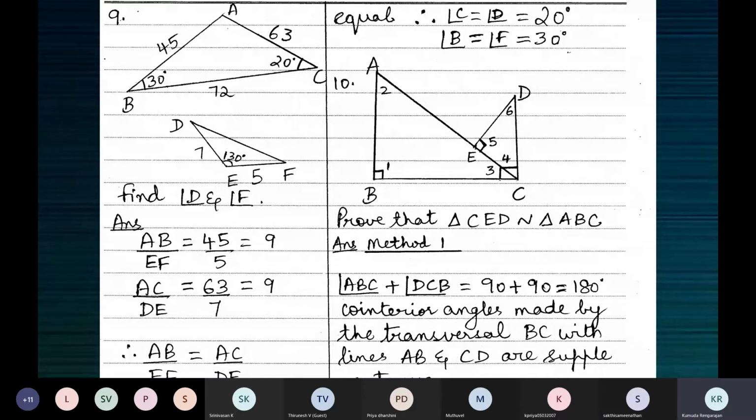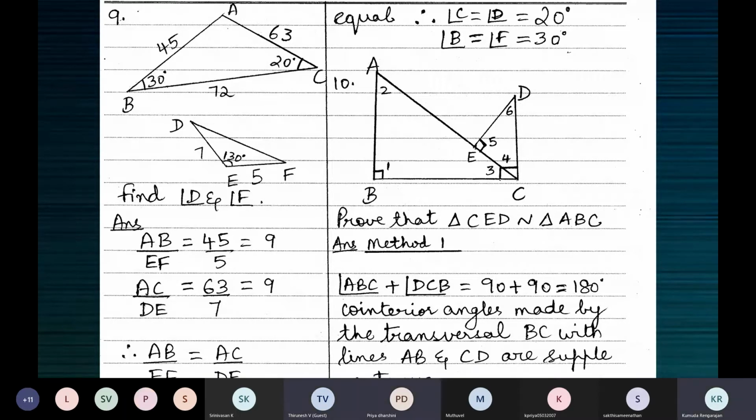Now look at the big triangle ABC, children. What's the measure of angle 1? 90 degrees. Then what is the measure of angle 2 plus angle 3? 90 degrees. So all of you agree, no? In triangle ABC, angle 2 plus angle 3 is 90. All of you agree? Yes, ma'am.